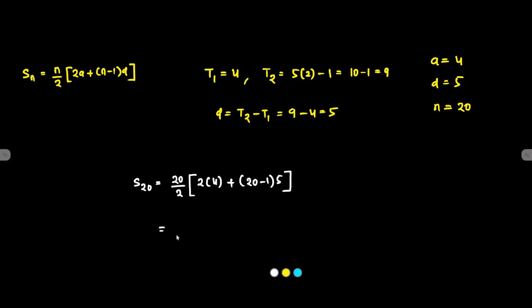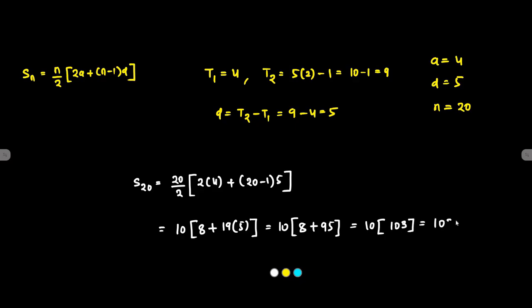That is 10 into 8 plus 19 into 5, which is equal to 10 into 8 plus 95, which is equal to 10 into 103, which is equal to 1030. So either way you will get the same result.